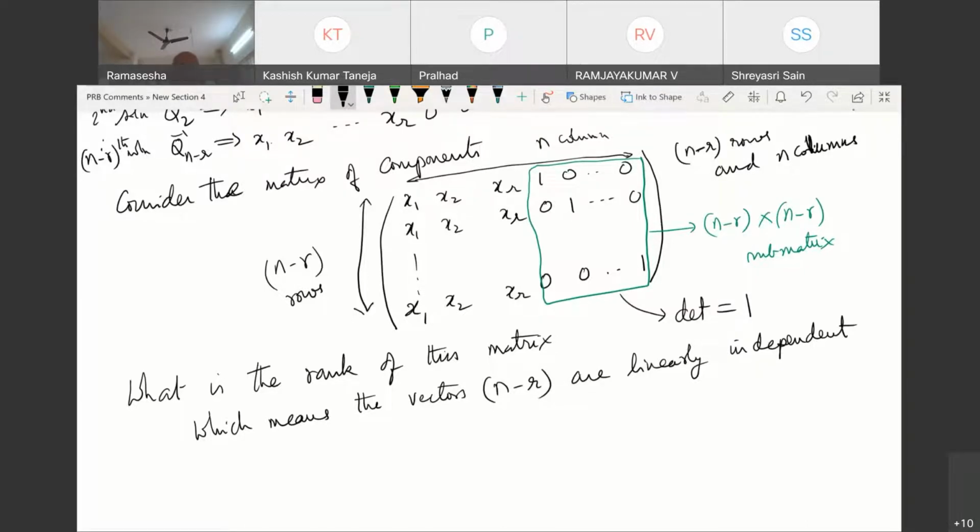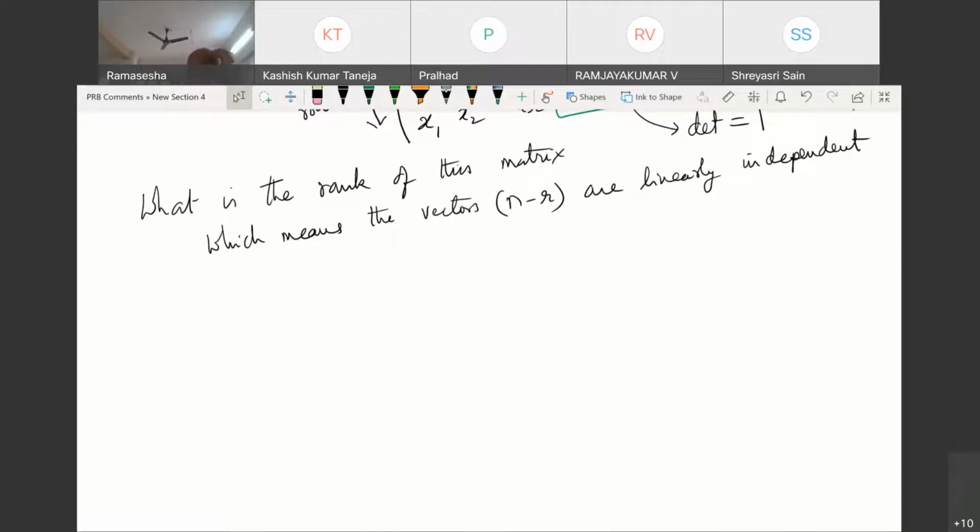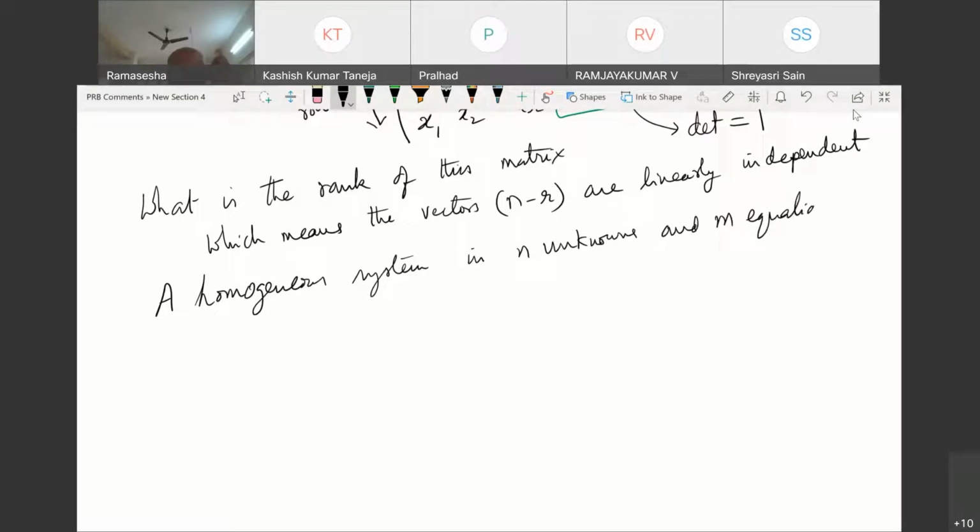Okay, so a homogeneous system with n unknowns and m equations has n minus r linearly independent solutions.